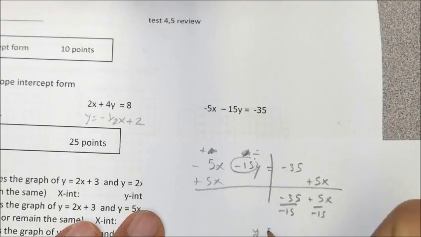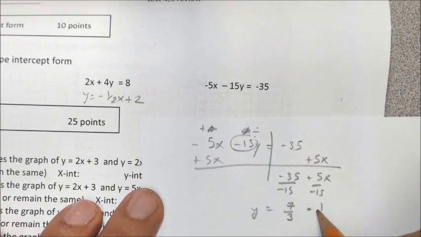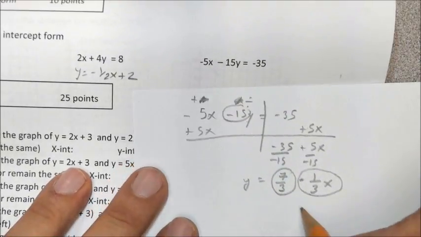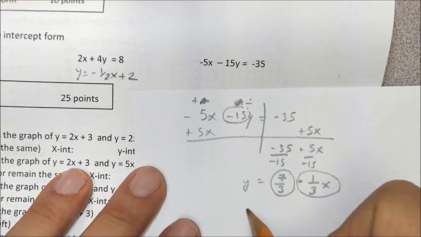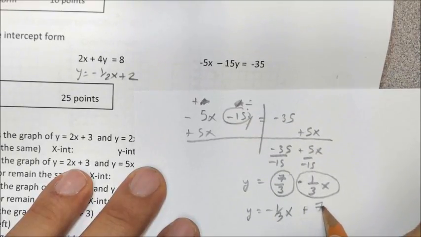Once you plug this into the calculator, you end up with positive 7/3 and negative 1/3x. Again, remember, some people like the x first and the b, the y-intercept, in the end, so we could flip those. Y equals negative 1/3 x plus 7/3.